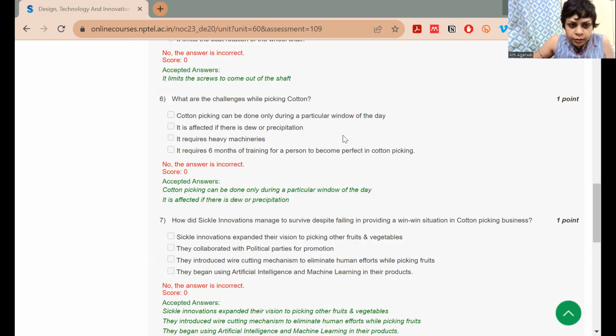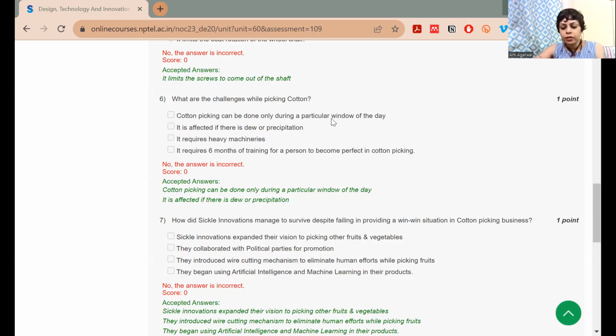The second option is also correct, where it says it is affected if there is dew or precipitation, because if there is dew or precipitation or something, then the consistency or the nature of the cotton which is to be picked changes. The character of that whole cotton is different when there's dew or precipitation.